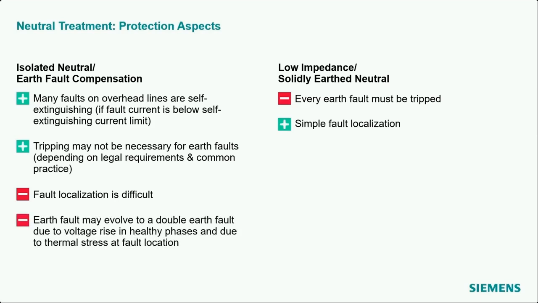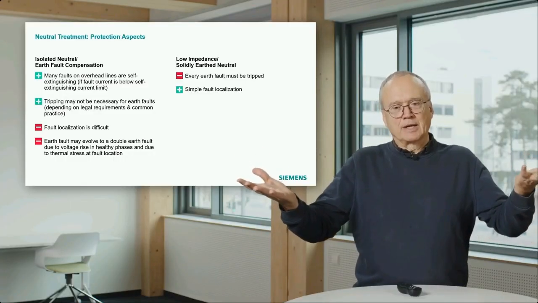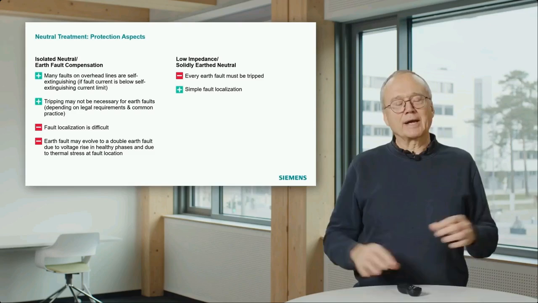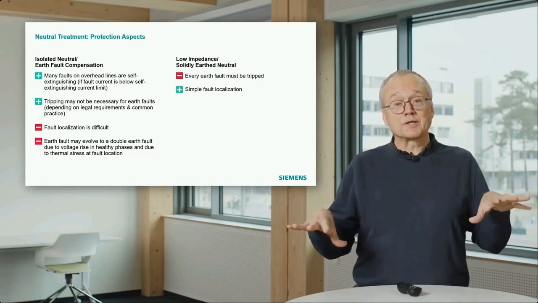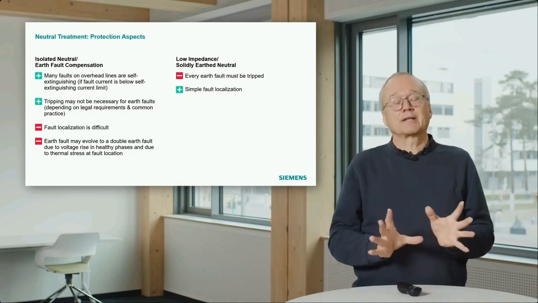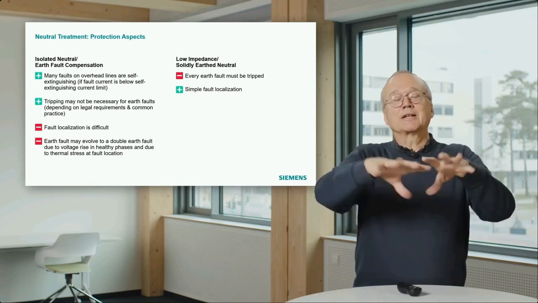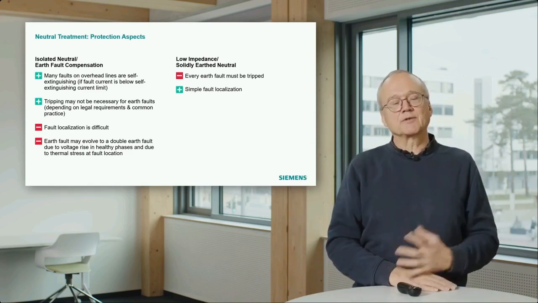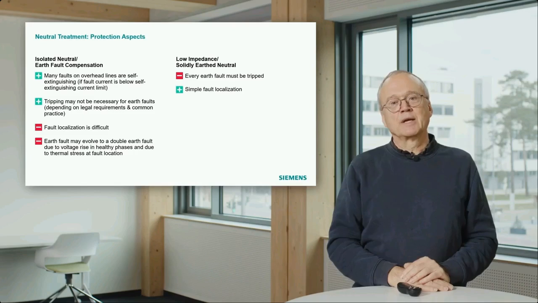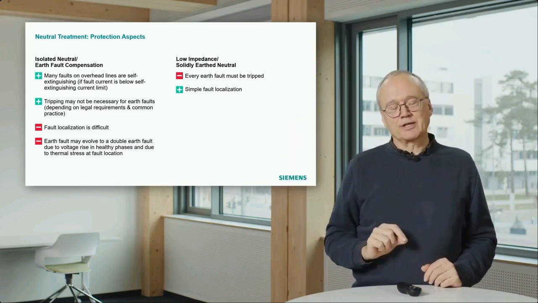And the other thing which can happen, remember, if you have an earth fault, if you continue operation, the voltage in the other phases rise. And that refers to the whole system, that means in your whole system, everything what is galvanically coupled has a voltage rise in the other phases. And if somewhere in the system there is a weak point in the insulation, you may get another fault at another location.